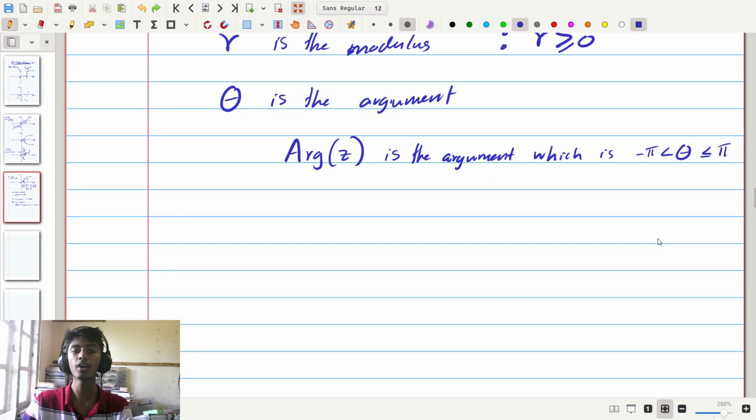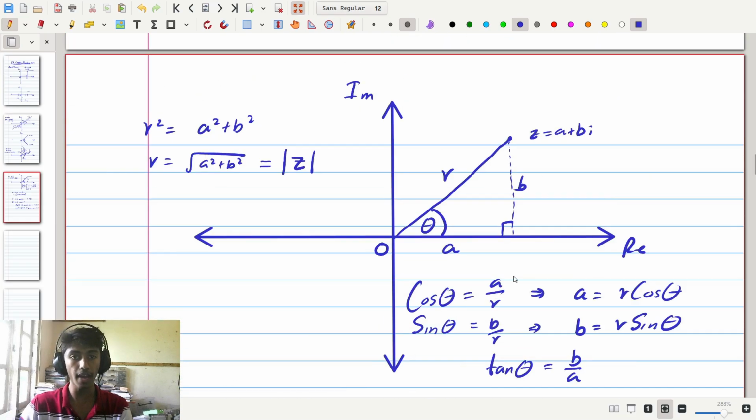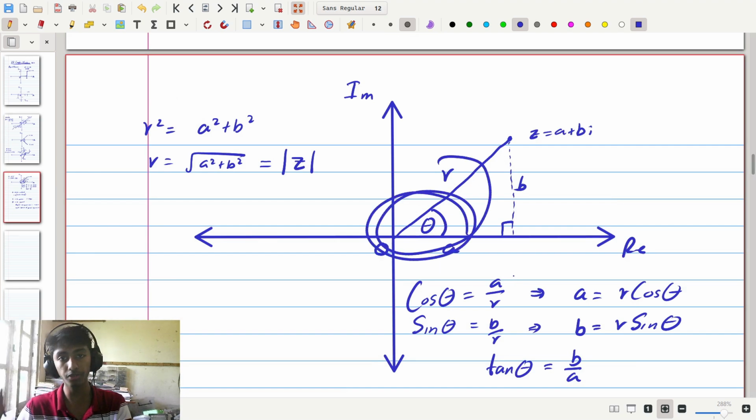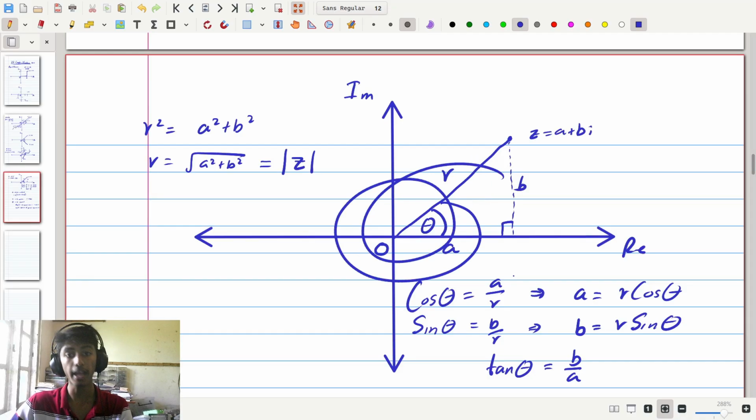Now, other than this, if we want to just include every single possible angle, we can, instead of writing capital A, write simple ARG Z. Simple ARG Z represents not just the principal one, but all possible arguments of Z. So basically every possible angle that we could have, which is all of these angles, theta, theta plus 2 pi, theta plus 4 pi, and all of those angles, and then also theta minus 2 pi, theta minus 4 pi, and so on and so forth.